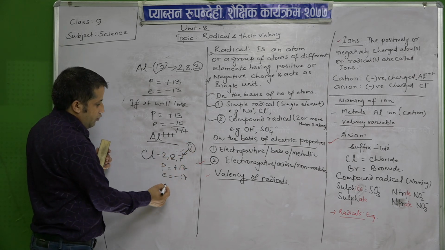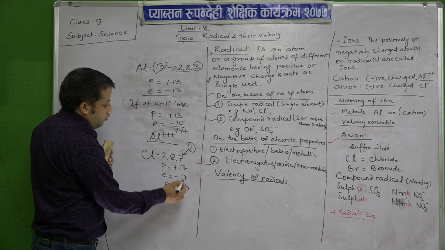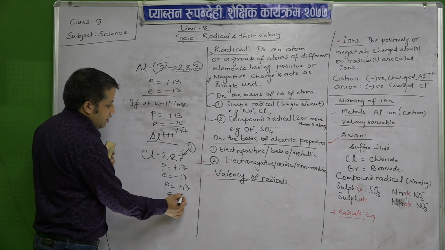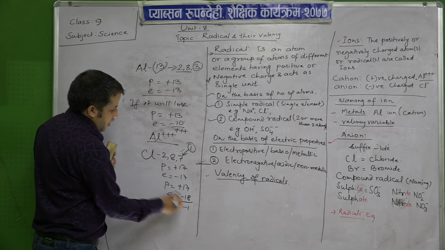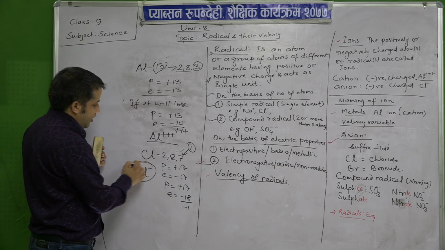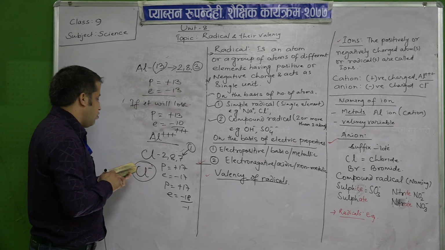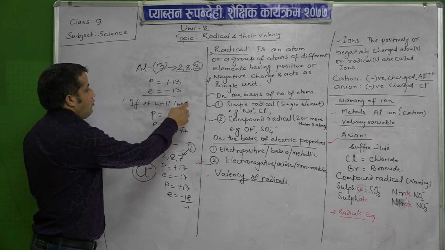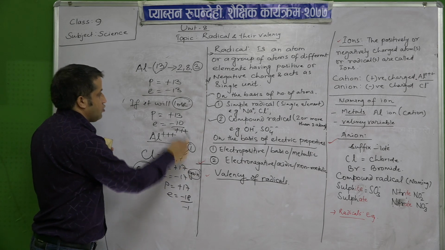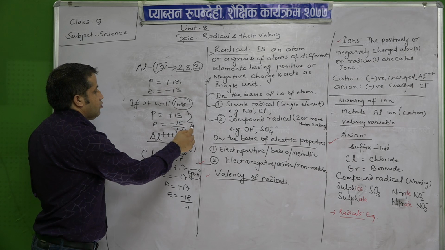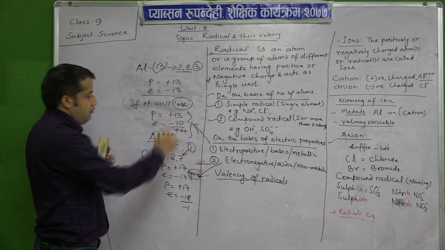But if it gains an electron, the proton count stays plus 17 whereas the electron count increases to 18, and as a whole it will be minus 1, and this chloride ion will carry Cl minus. So this is an electronegative radical. This is formed when it gains electrons, whereas the electropositive radical is formed when it loses electrons.